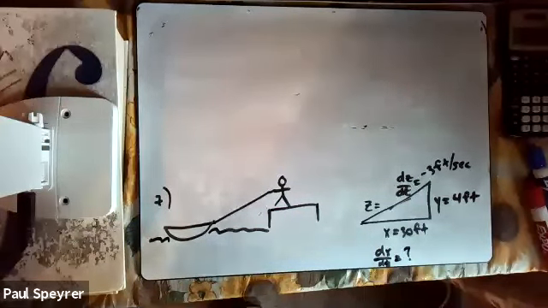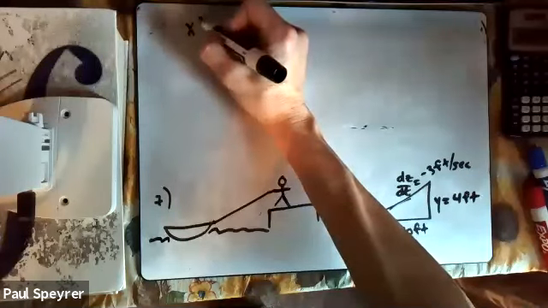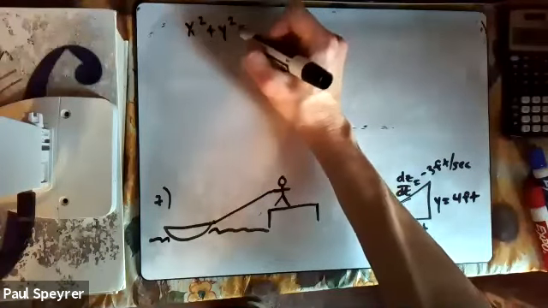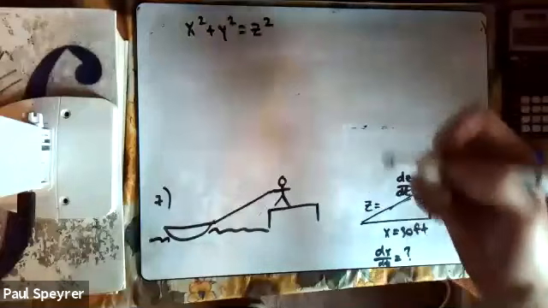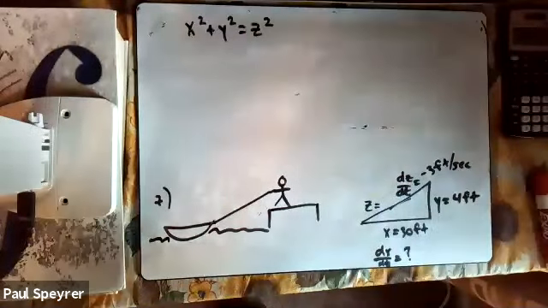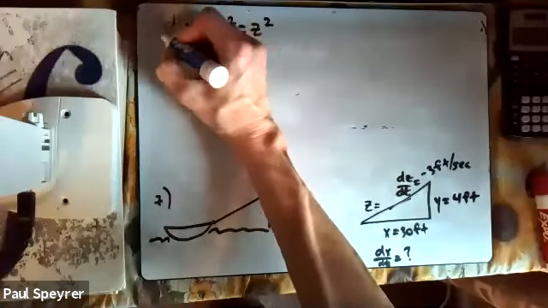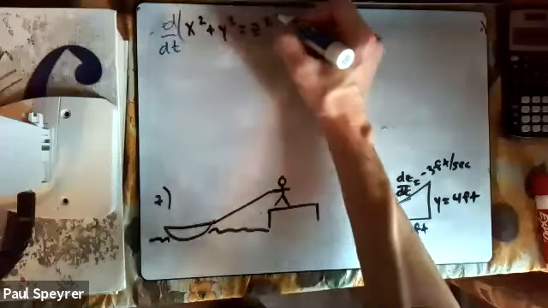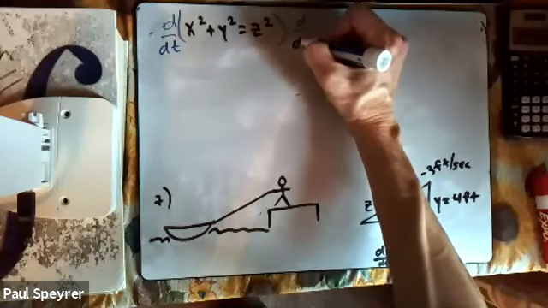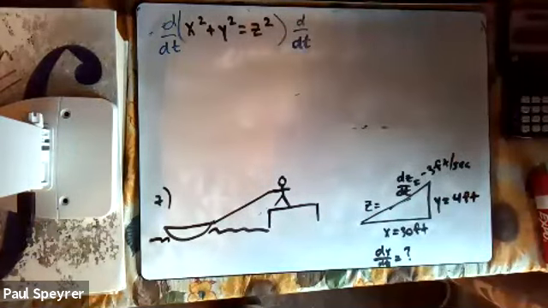So again, we're just starting with the Pythagorean theorem. X squared plus y squared equals z squared. And then when you take the derivative with respect to time, just like we've done with the previous two, you're going to get the same generic equation.